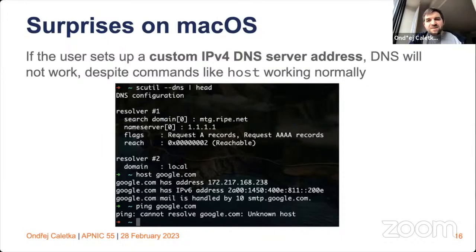You can even use a command like host that will resolve using that address. But if you try to connect to some domain name, it will tell you unknown host, because the DNS resolver itself does not work over the CLAT engine, so it cannot work with IPv4 literals.